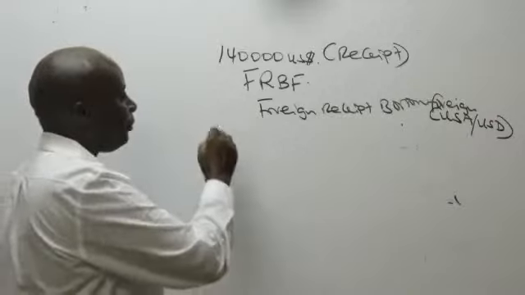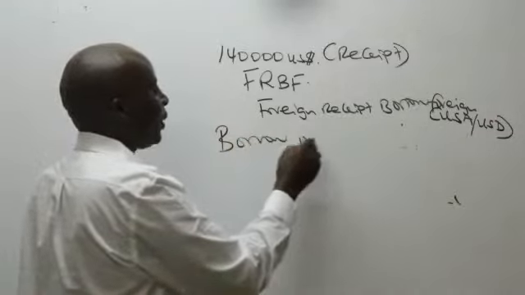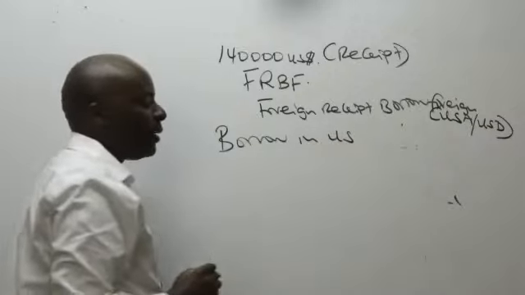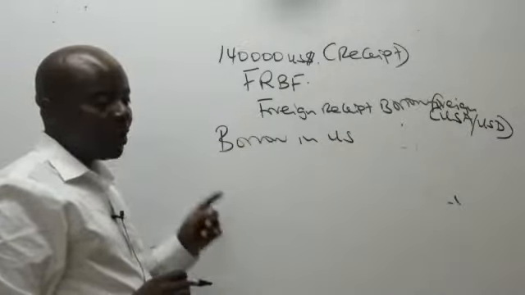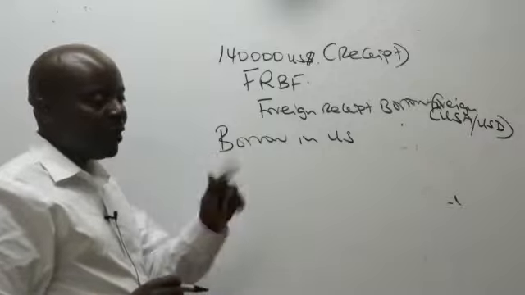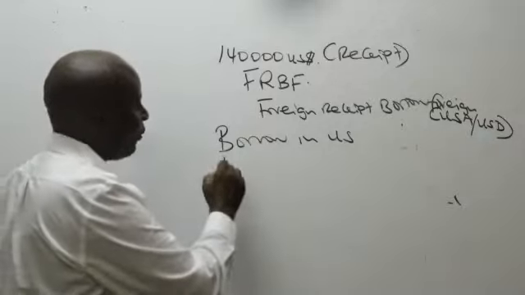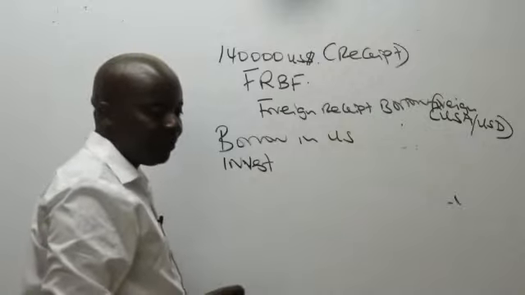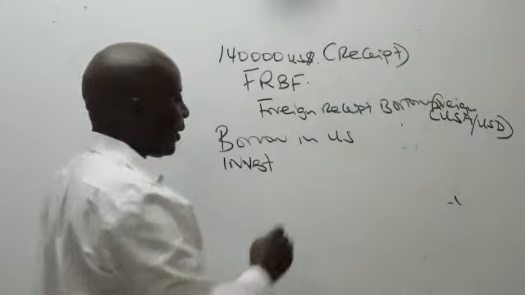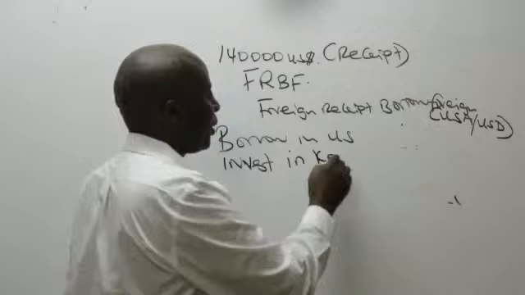So borrow in US, and remember, I will not eat this amount borrowed. When I borrow this amount, I'm going to convert and invest in the other currency. So invest in which country? Invest in Kenya. Thank you very much.